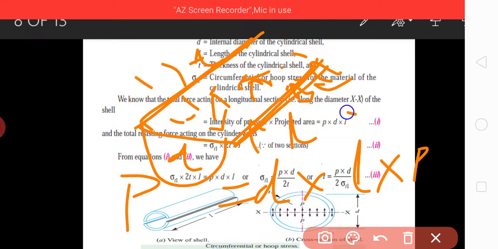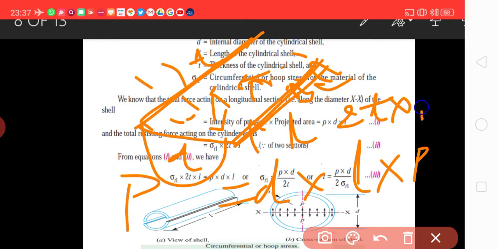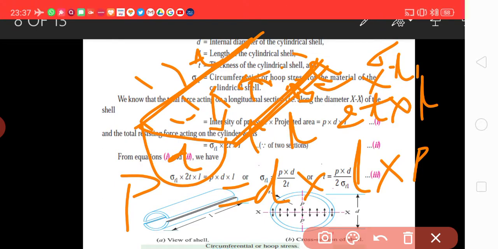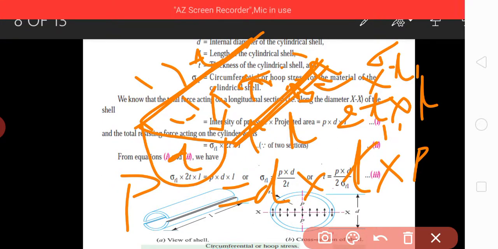So 2T into length will be the area and the resisting stress will be sigma T1. So sigma T1 into 2T into L equal to D into L into P. These should be equated, then L will cancel from both sides, then we will find sigma T1 equal to PD upon 2T.